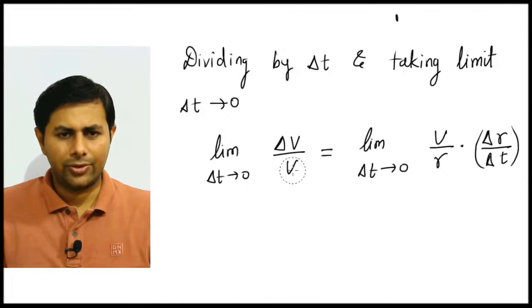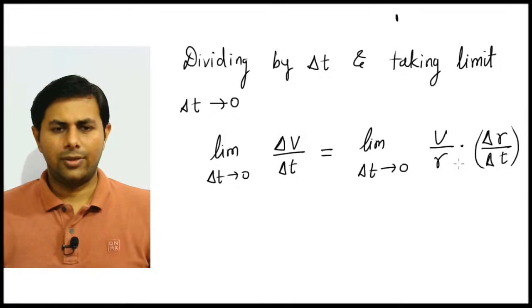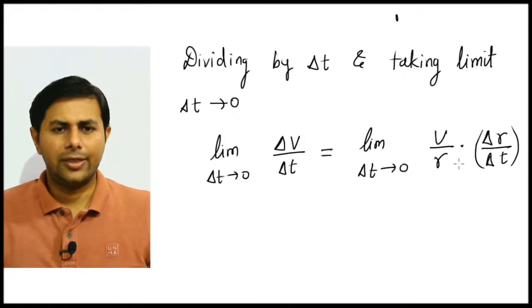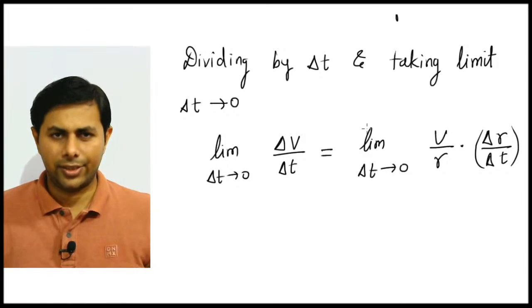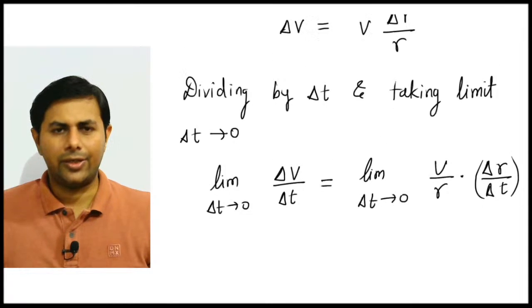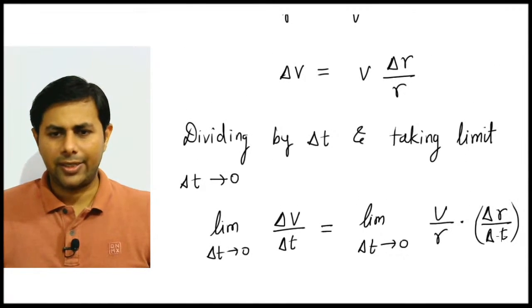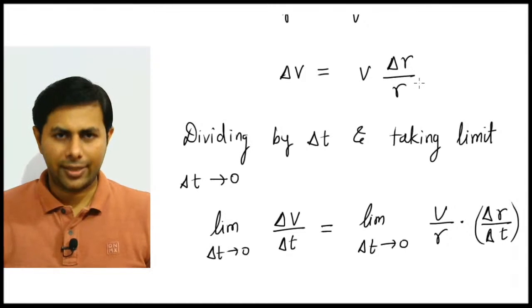Now what I am doing is dividing by delta t and taking the limit delta t tends to 0. On the left hand side I get delta v over delta t, and on the right hand side delta t is in the denominator of delta r.